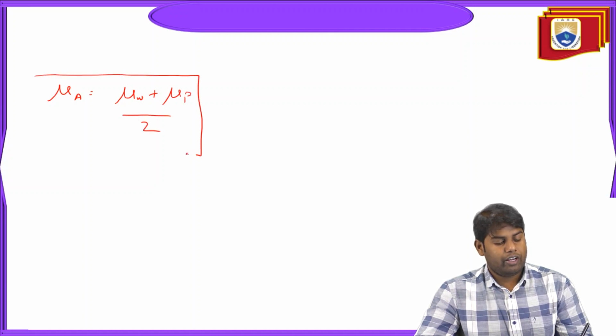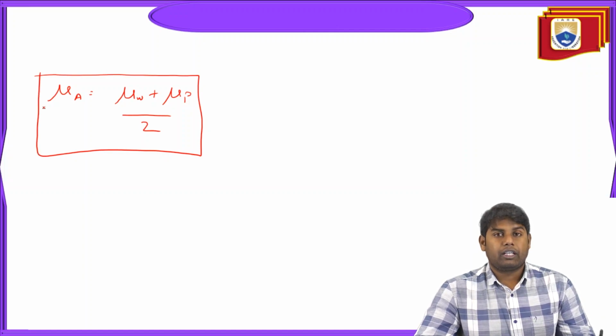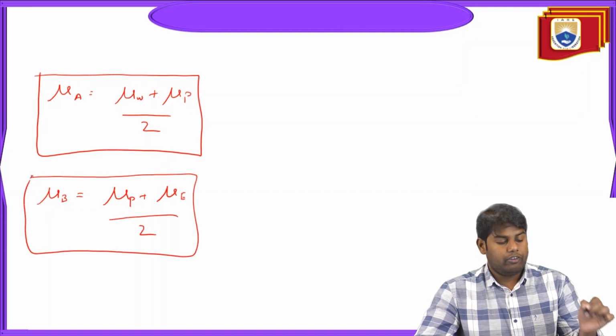So this is what we have at the face. Okay, so this is one thing. Next, mu at B, face B, will be mu at the point of interest P plus mu at the east node, divided by 2. So this is what we have.